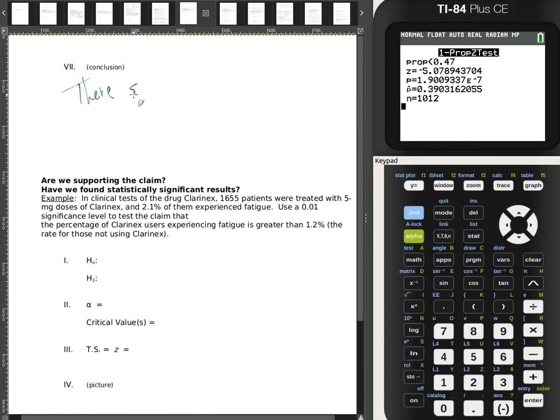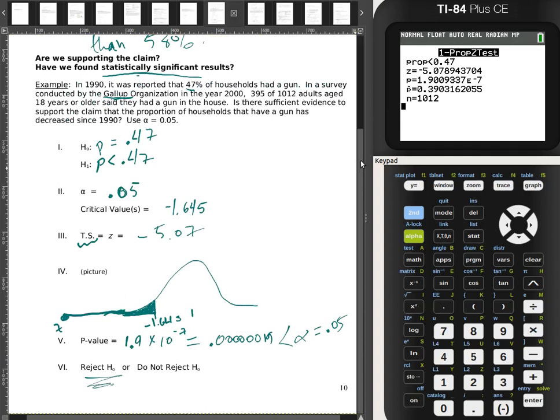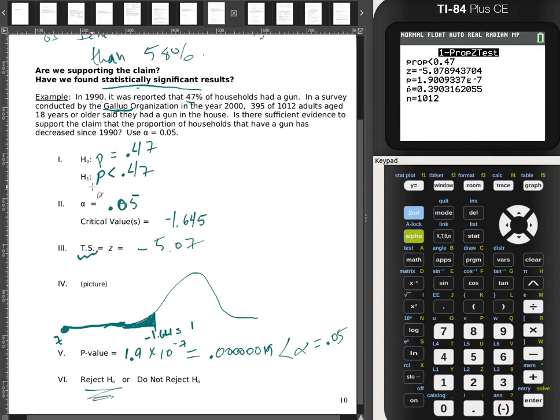And so we will say there is sufficient evidence to conclude that, what are we concluding? We are concluding, within the context of the gun ownership in the households, sufficient evidence to support the claim that the proportion of households that have a gun has decreased since 1990.